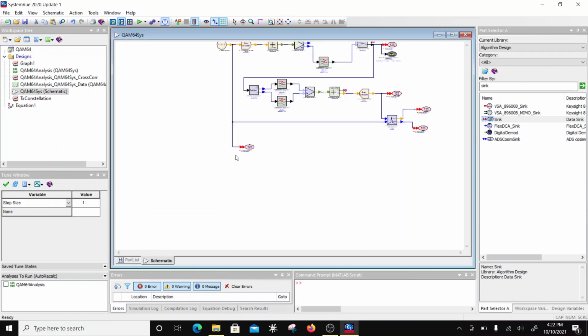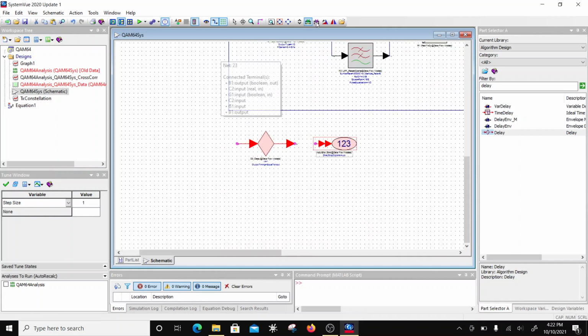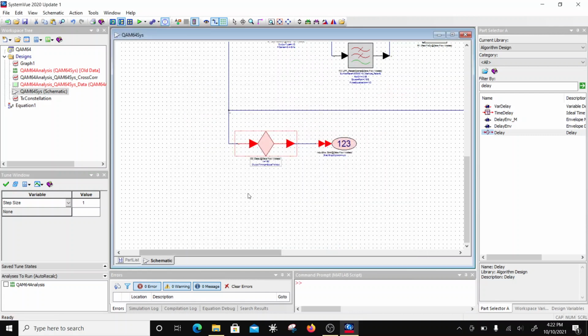So here there will be a delay block in here, delay, and here I'm going to insert the delay here. Okay, so here I am going to put in a delay which is close to 150, let's say 160 here, additional delay due to the decimation phase.